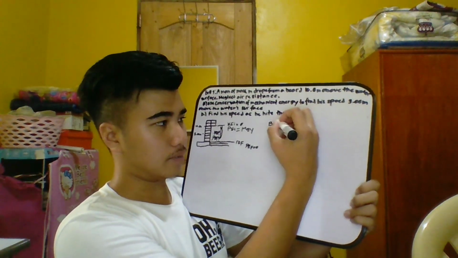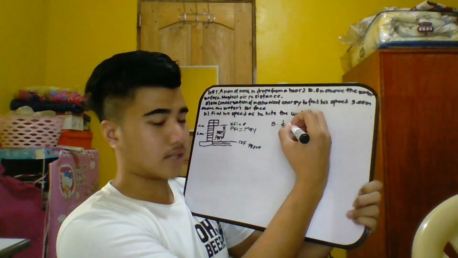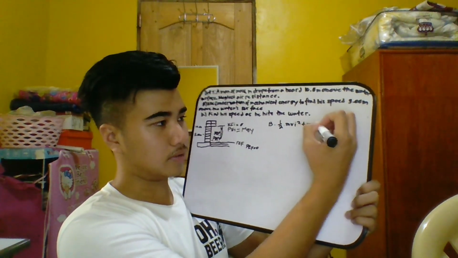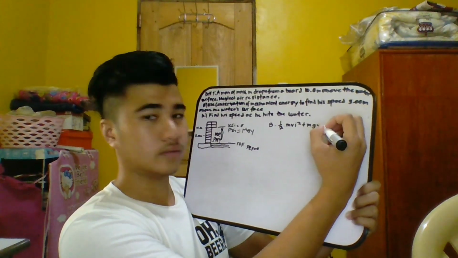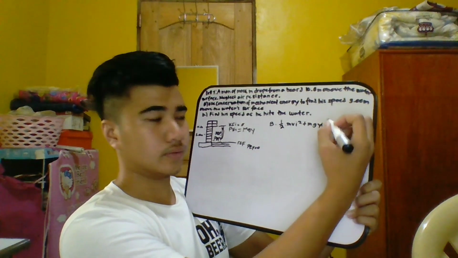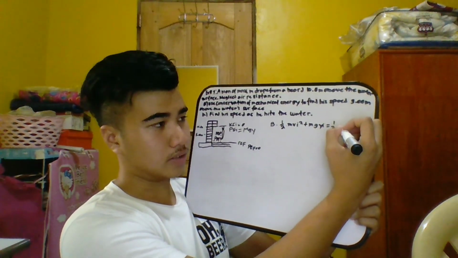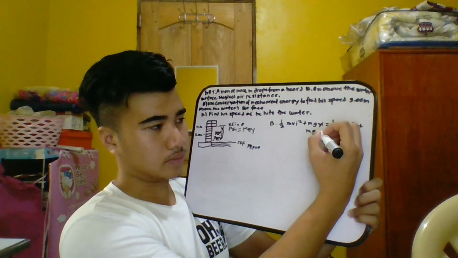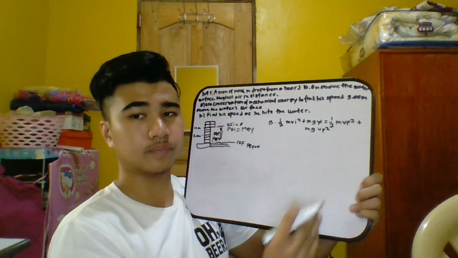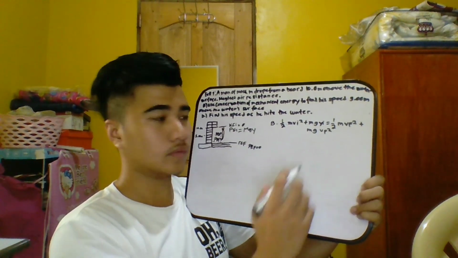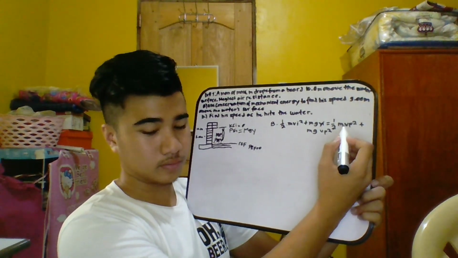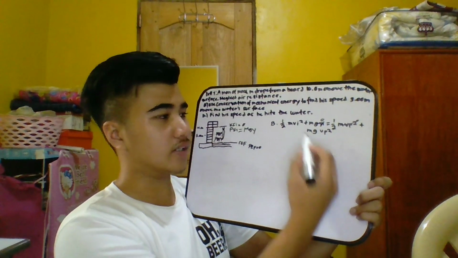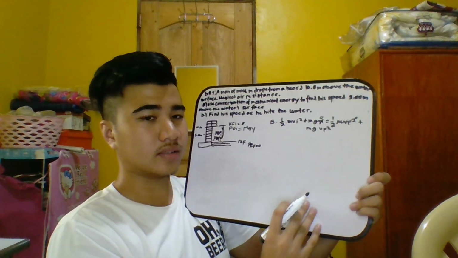So we have 1/2 mass times initial velocity squared plus mass times gravity times initial position equals 1/2 mass times final velocity squared plus mass times gravity times final position. Again, our final position is already 0, and our initial velocity is also 0. We can cancel the mass.